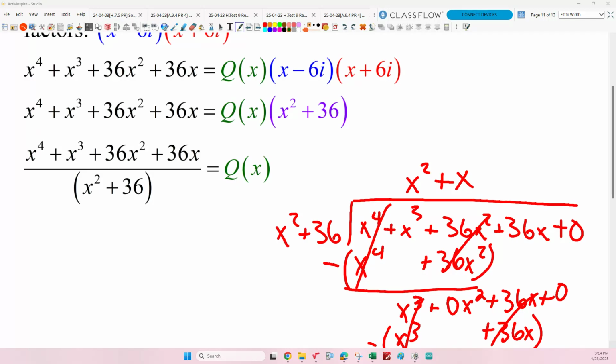We can take out an x if they both have it. It's x times x, and if there's just an x, we can take that to be x times x plus 1. How do we feel about going from this to this? Good? Okay, so what's q of x then? x times x plus 1.